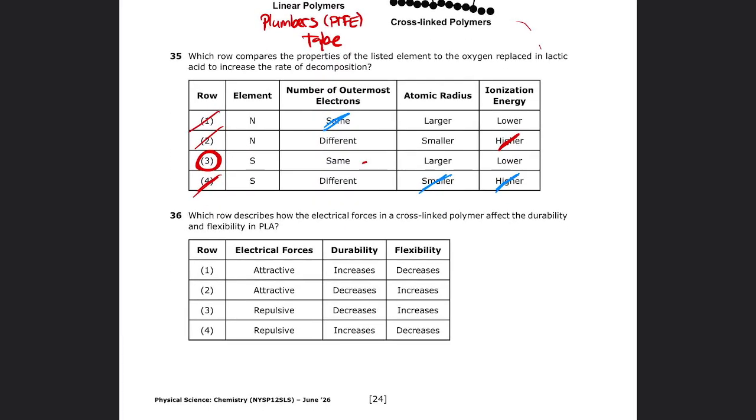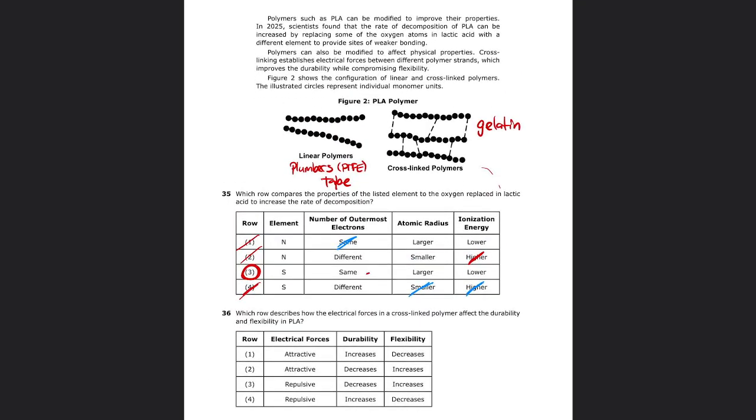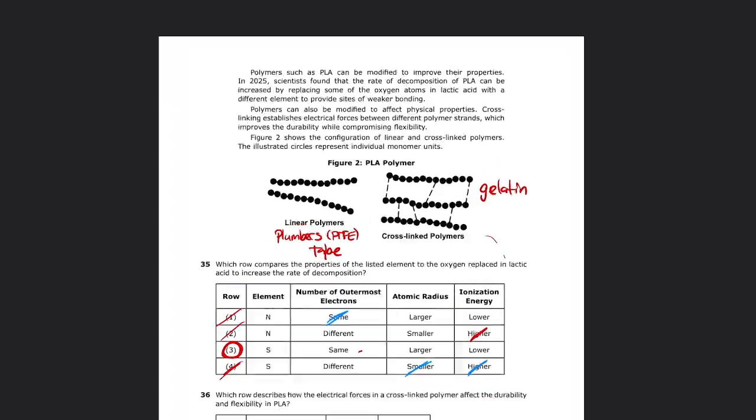Okay, for number 36, which row describes how the electrical forces in a cross-linked polymer affect the durability and flexibility of PLA? Well, in the cross-linked polymer, you can see that we have many more attractions. So we have these attractive forces. They're not going to be repulsive, so we're going to get rid of 3 and 4. In terms of the durability, the question does mention durability somewhere.